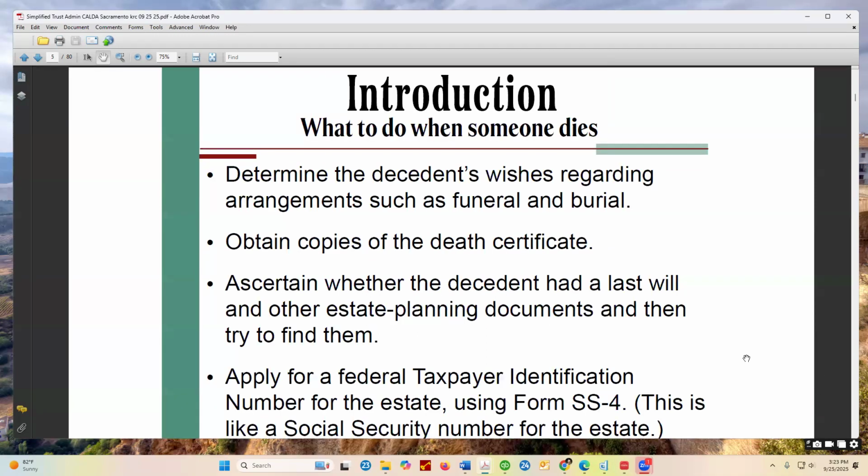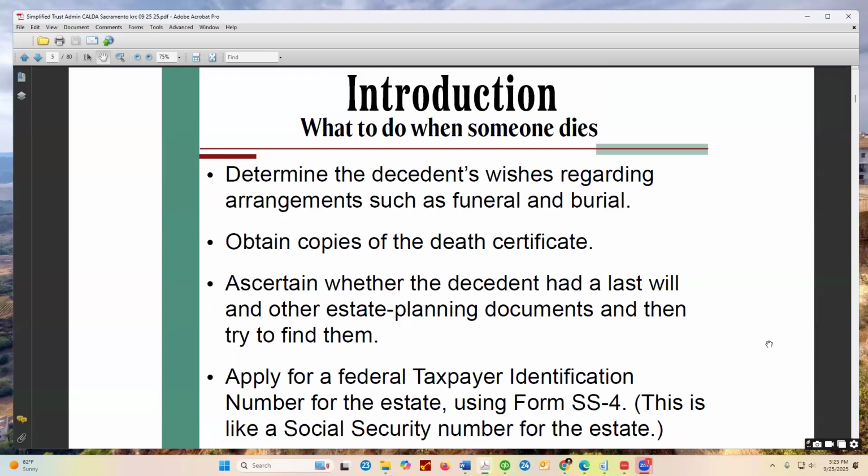You need to determine what the decedent's wishes were regarding burial or cremation. Those are generally in a document called an Advanced Healthcare Directive. But as successor trustee or executor, you need to be responsible for that.